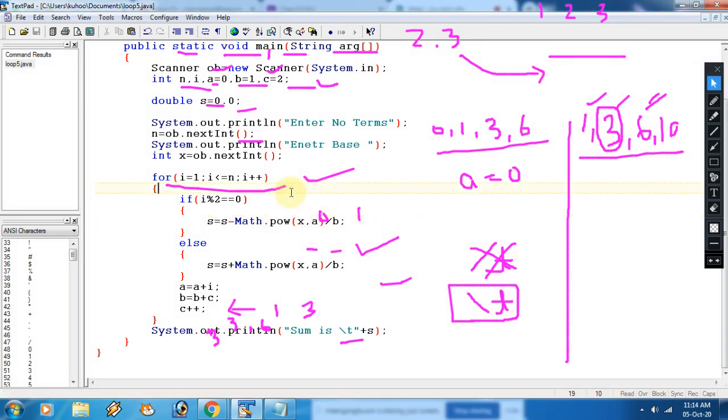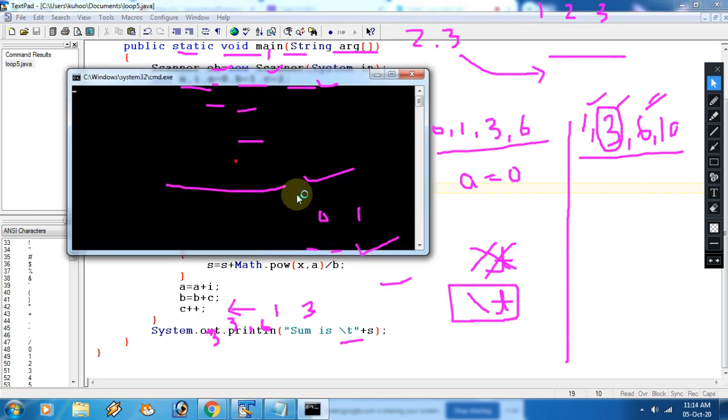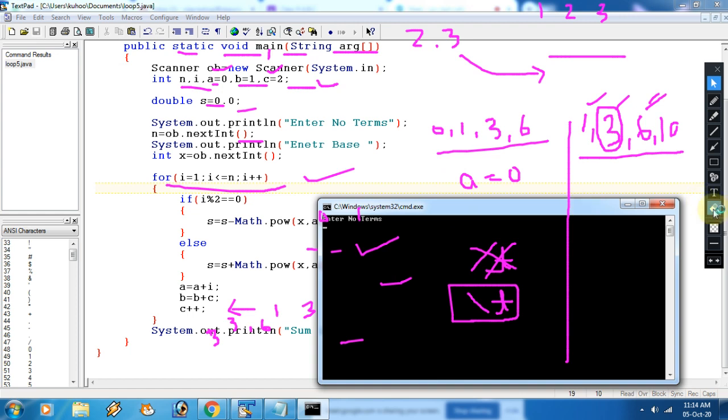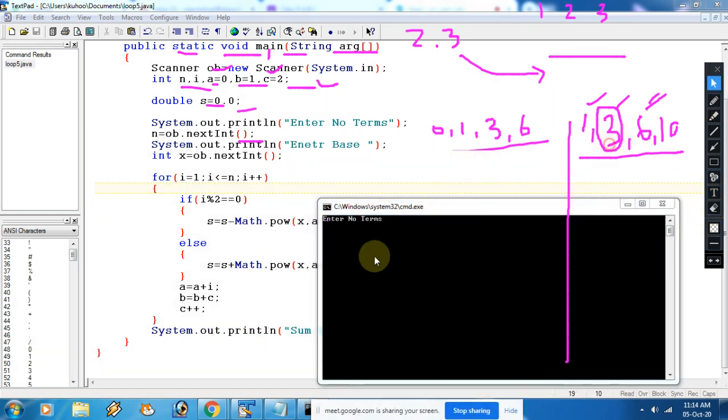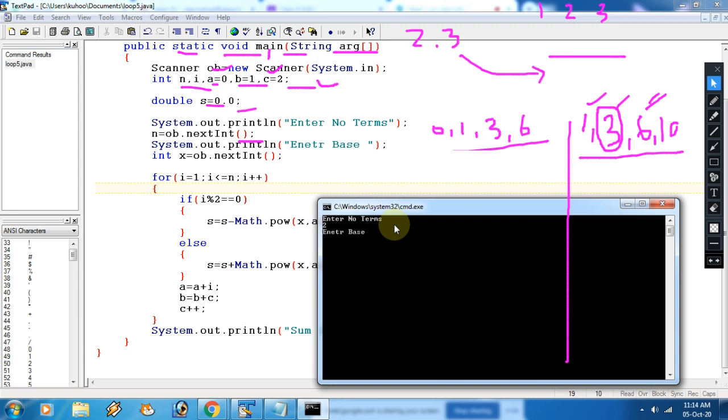Now see, here the number of terms I am putting 2, and then after the base I am putting 2 again. So that means the sum is coming 0.33.